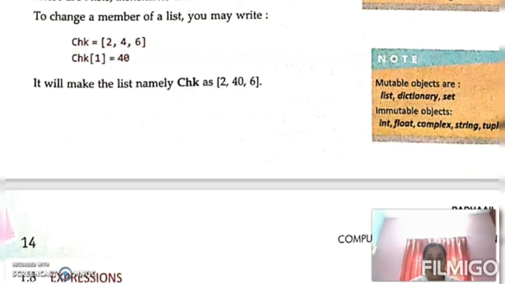But in immutability, the previous value remains and a new value is stored in a new position. By using mutability, we can change the value directly. So a list is mutable, because in a list we directly change the value. These are the concepts of mutability and immutability.